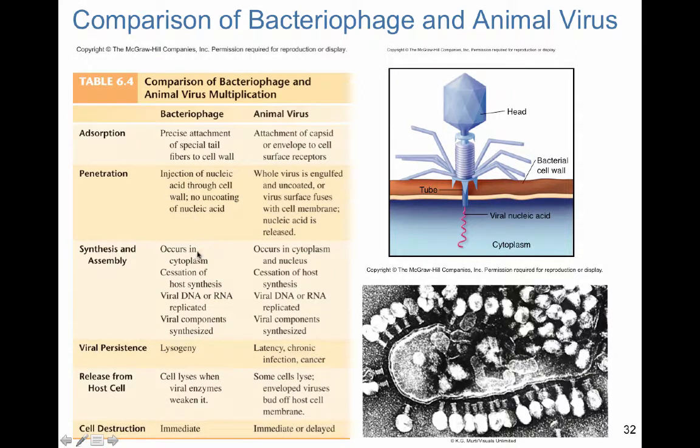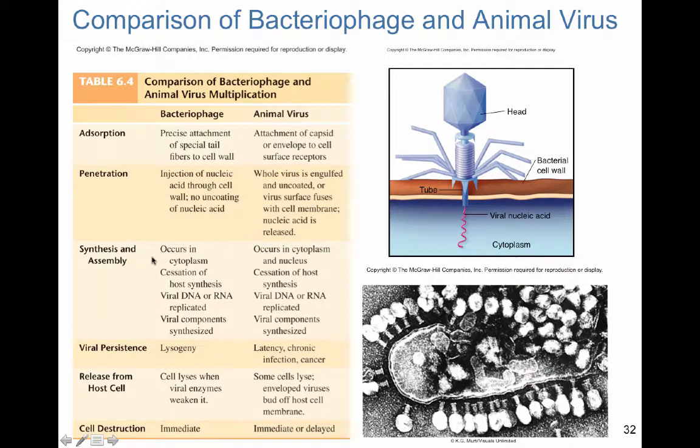So same steps. The only difference here that I can really point out is that, remember, with the bacteriophage, you just have the nucleic acid that enters. The rest of this thing does not enter the bacterial cell. All right, so it's just the viral nucleic acid, whereas I showed you guys with the animal virus, you may actually have the whole thing that's engulfed in a vesicle.